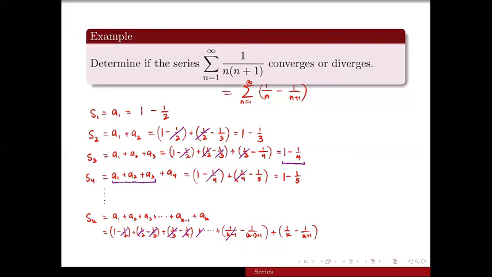You have that 1 over k, that's minus there, and then you have 1 over k here, that's plus. So this guy will cancel this guy, and your S sub k will just be 1 minus 1 over k plus 1. Okay?